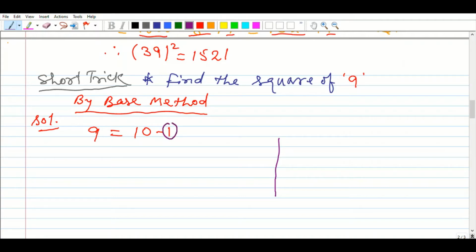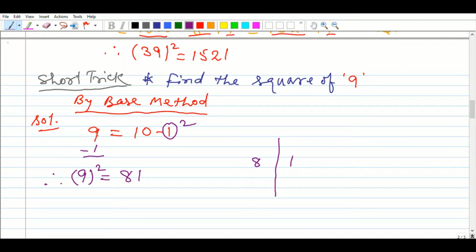So 1 square equal to, here we write 1 in the right hand side. And minus 1 from 9. What do we write here? 81. Therefore, 9 square equal to 81.